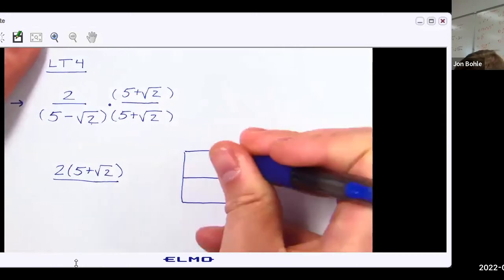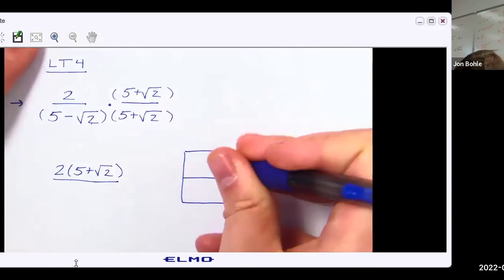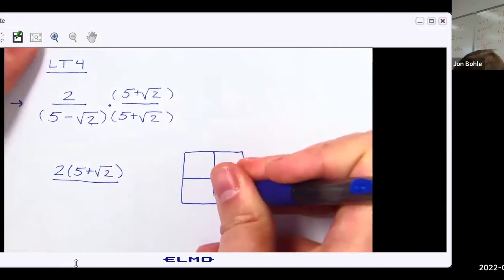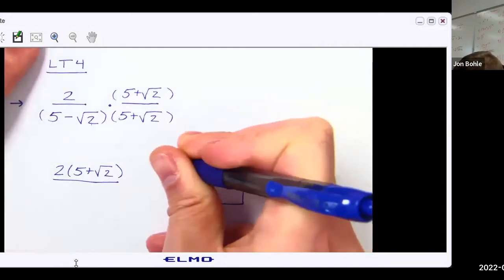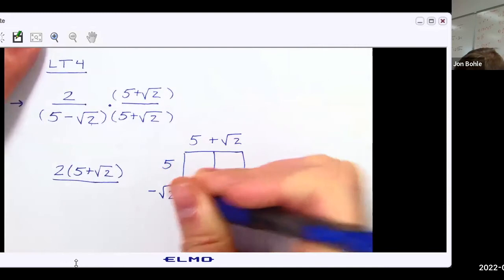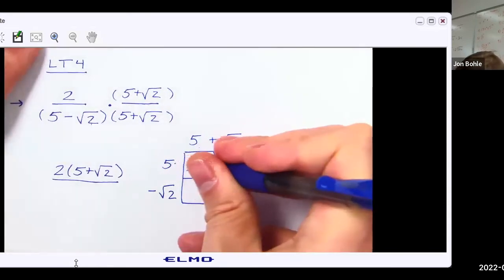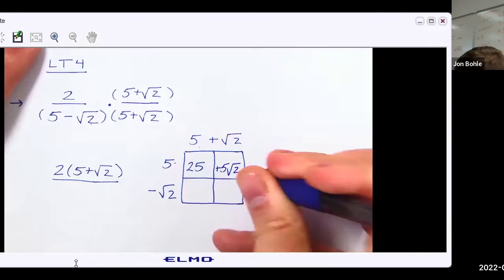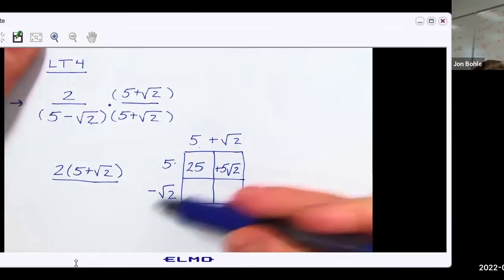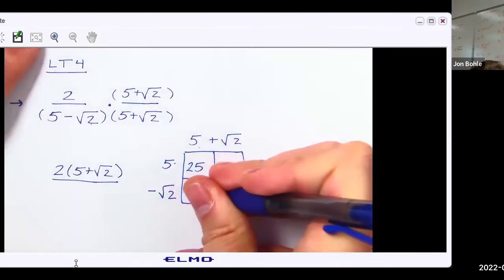I'm going to multiply 5 plus the square root of 2 times 5 minus the square root of 2. And then I'm going to go 5 times 5. 5 times the positive square root of 2 is positive 5 square roots of 2. 5 times negative square root of 2 is negative 5 square roots of 2.